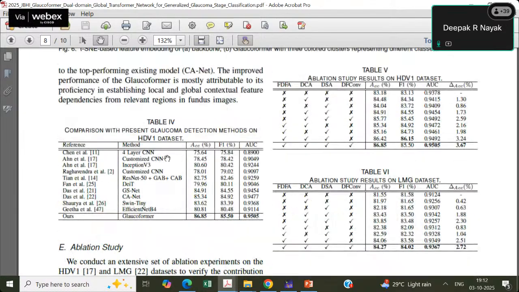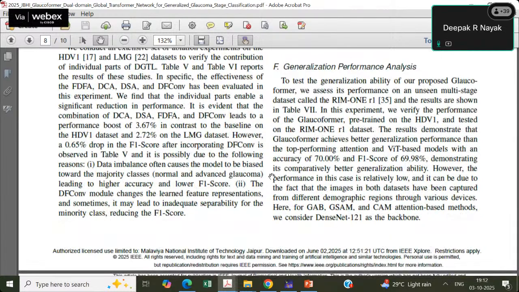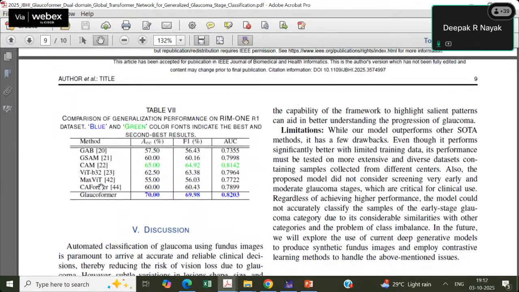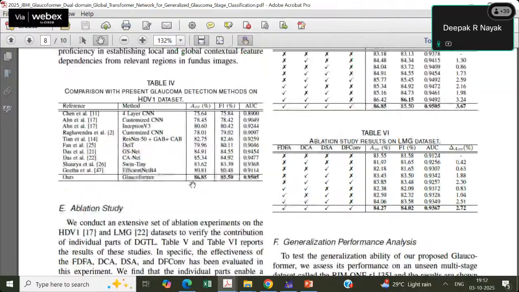When we used our architecture, which is already trained on the SDB1 dataset, on a different dataset, which is RIM1, the performance suddenly drops. You can see the accuracy is only about 70%, whereas previously it was 86.